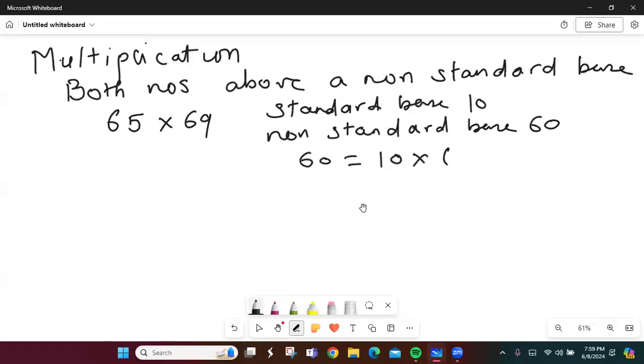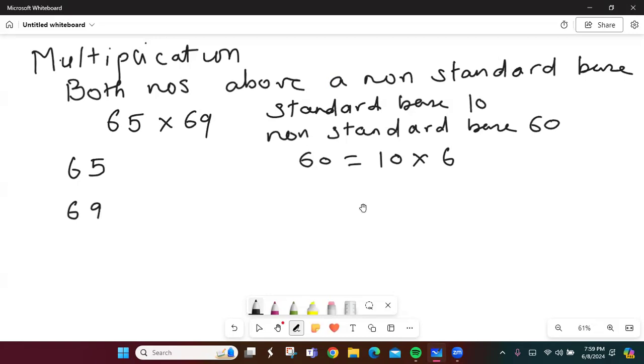That means the non-standard base is 6 times the corresponding standard base. Now the method here is very similar to the multiplication using the standard basis. So I will write 65 and 69, one below other in the first column.